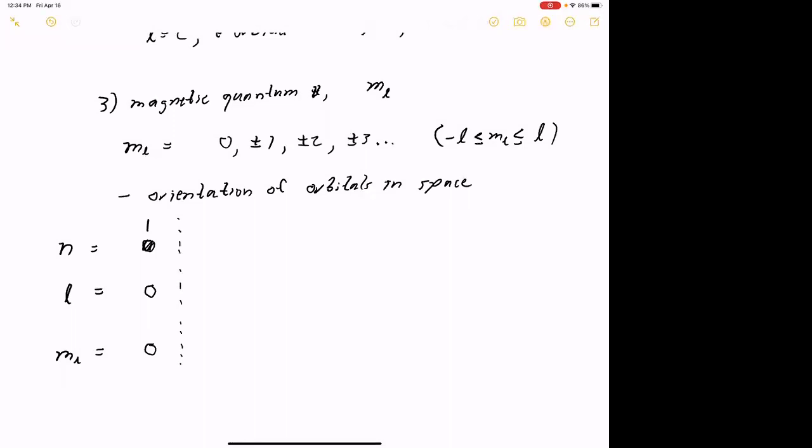Okay, so now I'm just going to put a little divider here. So now let's say that I have n equals 2. Okay, so remember, what L values can I have? Well, I can have L values of 0 and 1, right? Those are my values of L, remember? They go as n minus n up through n minus 1. So now let's go downwards here and see what options I've got for m sub L. Now, if I'm at 0, I only really have one option here for m sub L, and that's also 0.